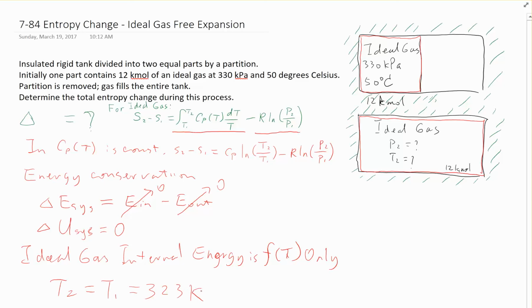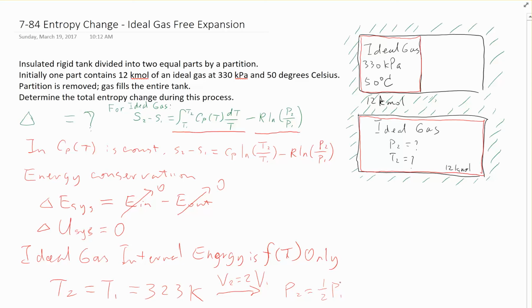That's a very important thing to recognize. Now we know the system's temperature remains constant, and the system's volume increases by a factor of 2. So because volume 2 is equal to twice volume 1, the system's pressure should reduce by a factor of 2.